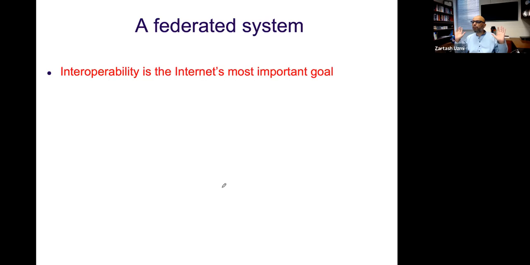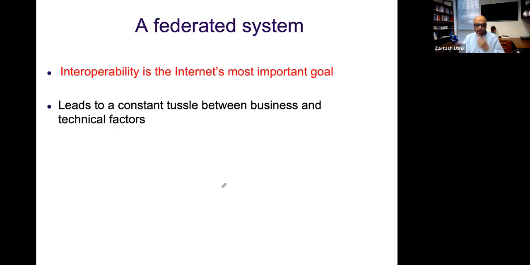The network still functions smoothly, irrespective of the fact that these devices have been manufactured by a variety of vendors, which means that all of these vendors need to make their devices such that they are able to talk to each other. That means they are interoperable with each other.